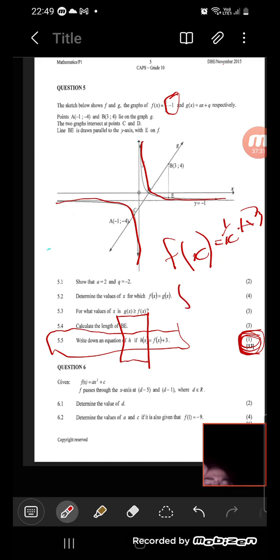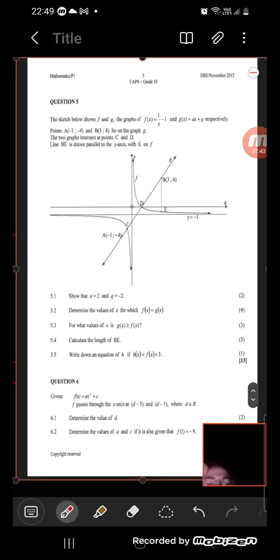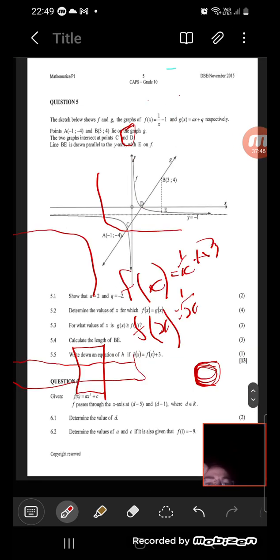Wow, I need a new pen. I just bought this pen and it's not working. Okay. 1/x minus 1 plus 3 is how much? Exactly, it's 2.